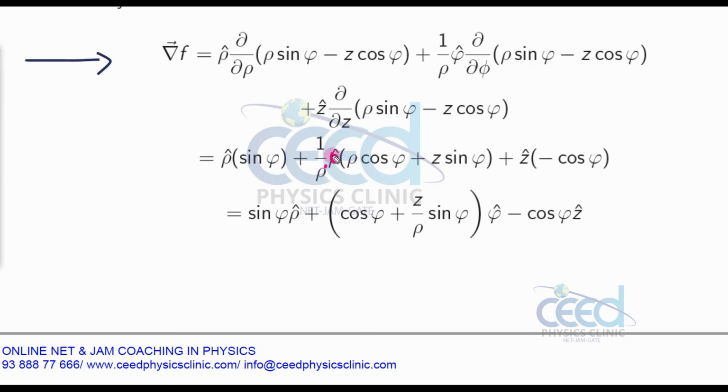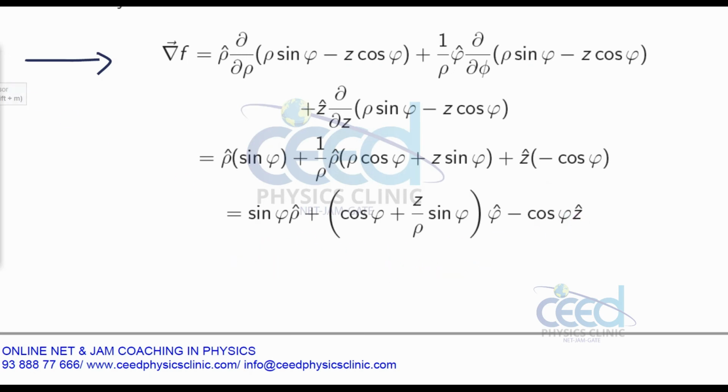So here it is φ cap. Okay, so this is the change. Now z cap, so ρ cap, φ cap and z cap. Okay, so here z cap into minus cos φ. When you do this, minus cos φ. Okay, so minus cos φ z cap. So this is the answer.